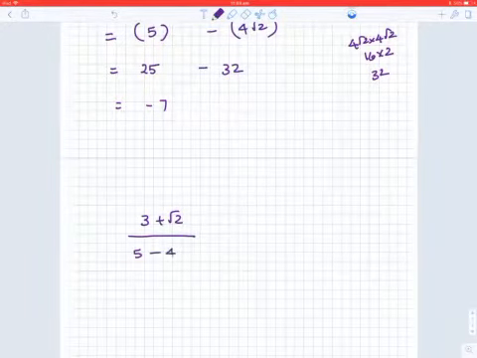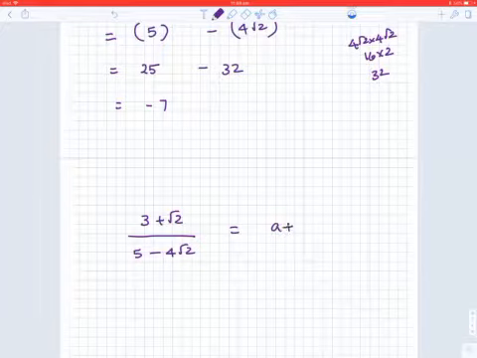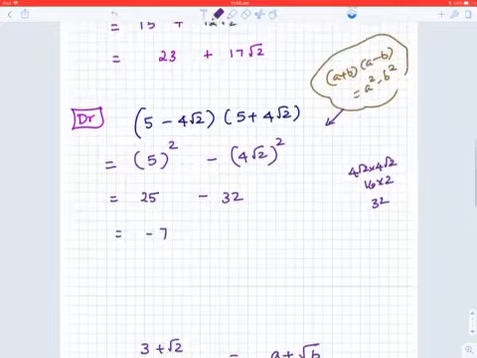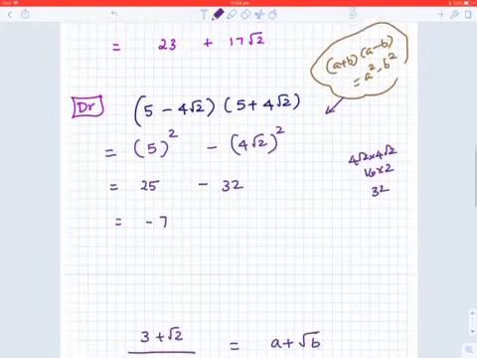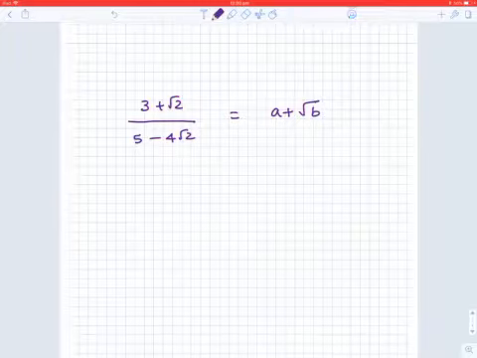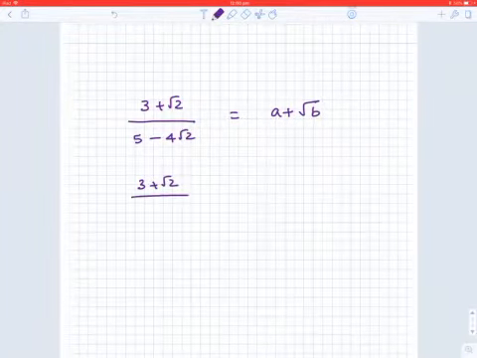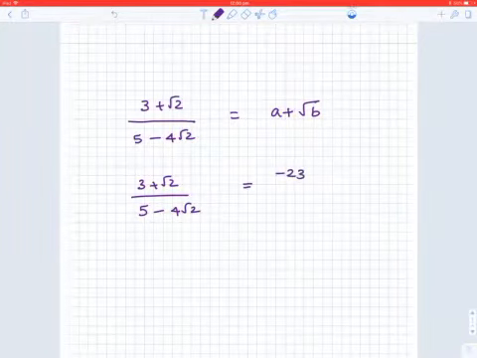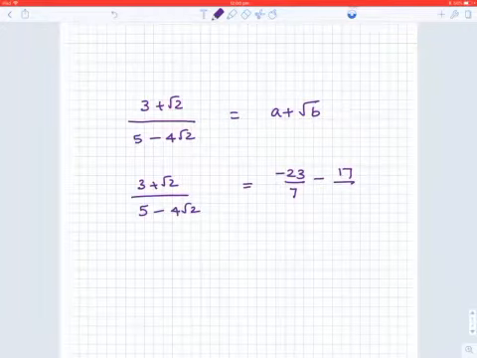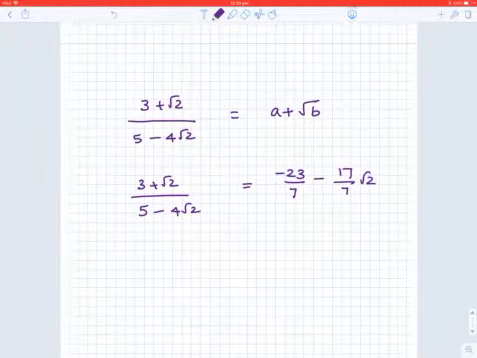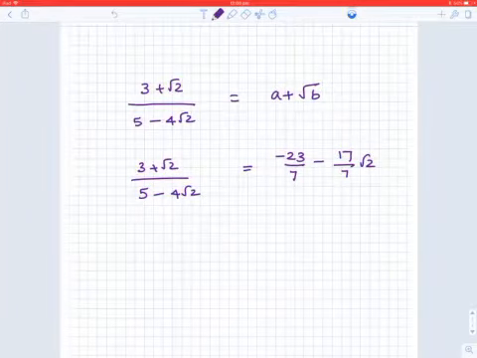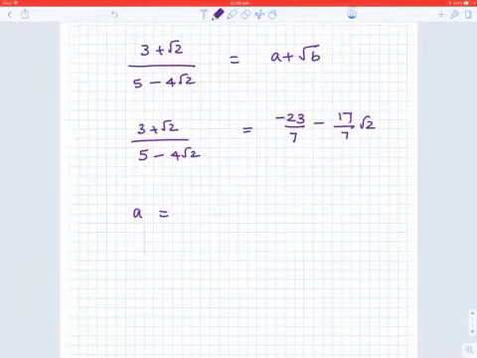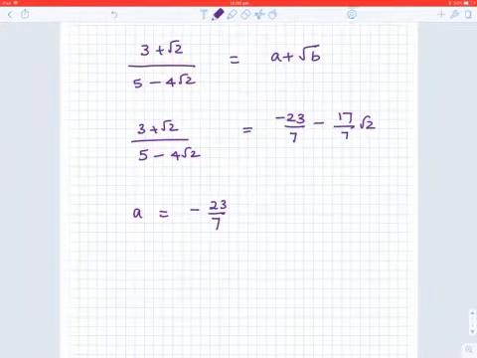The question is 3 plus root 2 divided by 5 minus 4 root 2 equal to a plus root b. But we have proved that 3 plus root 2 divided by 5 minus 4 root 2 equals minus 23 over 7 minus 17 by 7 root 2. Okay, now by comparing, I'm going to compare the 1 and 2.